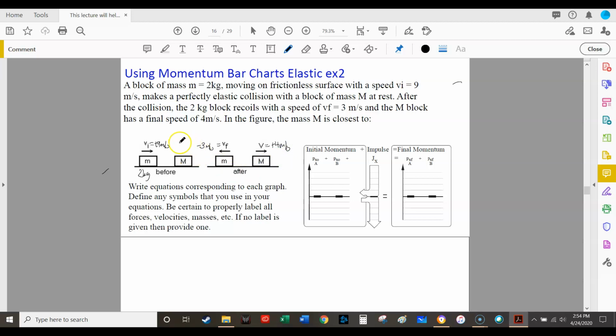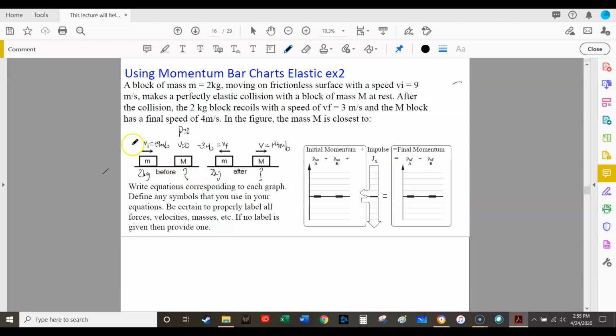In the beginning, it also says that this guy was at rest, so it has no momentum. So what I like to do is, it looks like the question is, what is the mass of the object? So mass is unknown of this object, but we do know the mass of the smaller object. Okay, so it's one unknown.